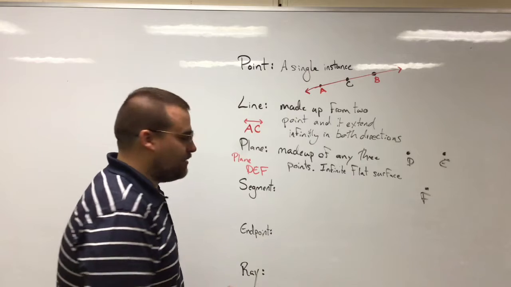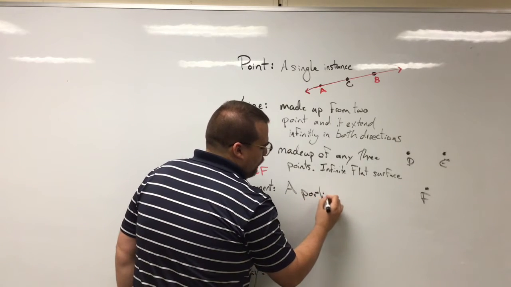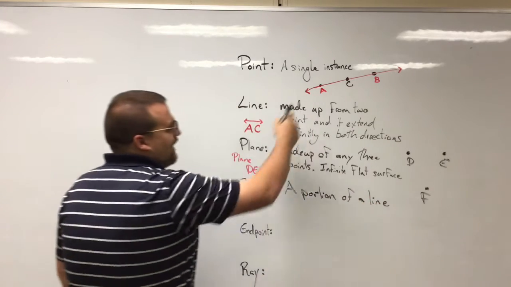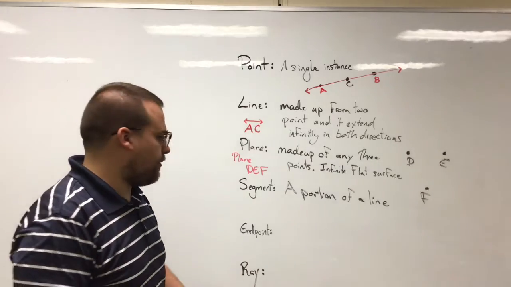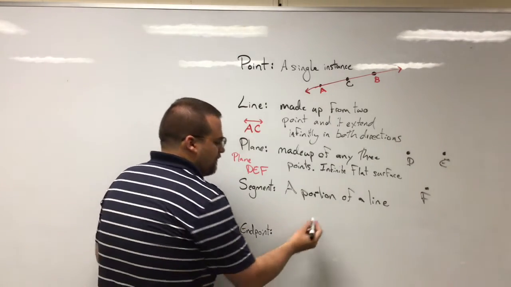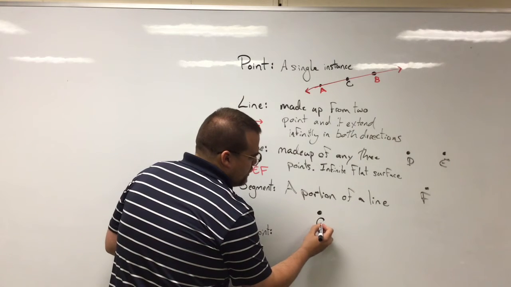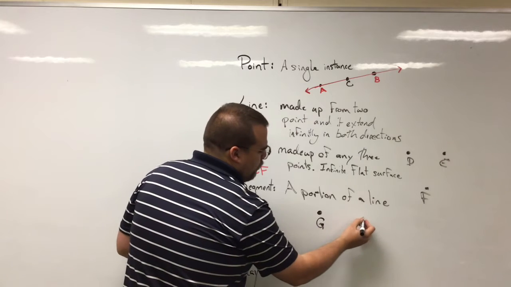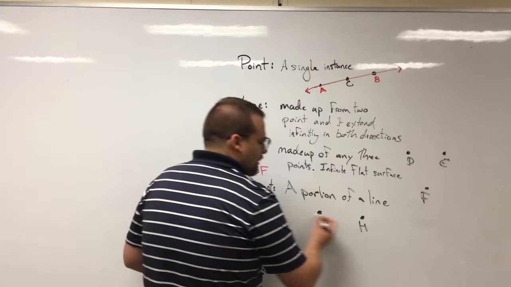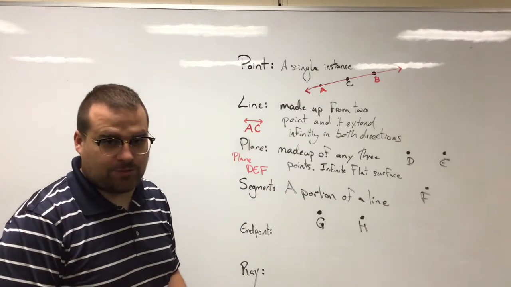A segment is a portion of a line. So let's imagine this line that we drew up here. Actually, I'll just redraw a new one down here. Why not? Let's say we have this line. I'm going to have point G and point H. Now I said a line technically could go straight through those 2 points and on in every direction in between.